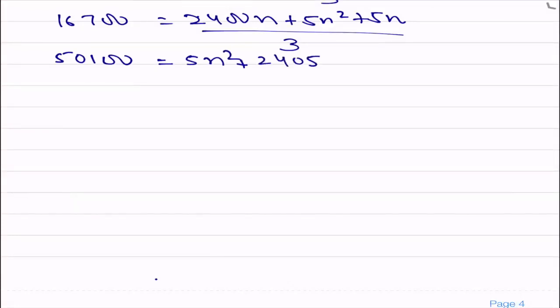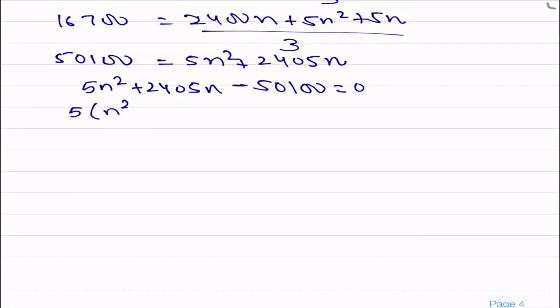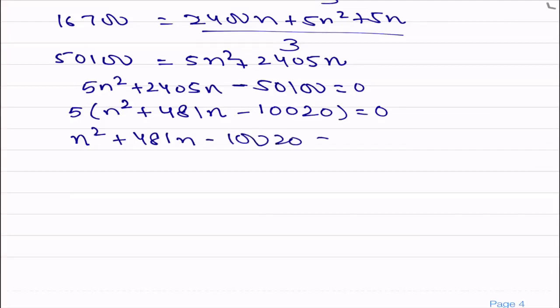So this is a quadratic equation, and in this quadratic equation 5 is common. When we take out 5 common, n square plus 481n minus 10,020. 5 on the other side, it becomes 0. Now we got this quadratic equation, and we will solve it either by the quadratic formula or splitting of the middle term.